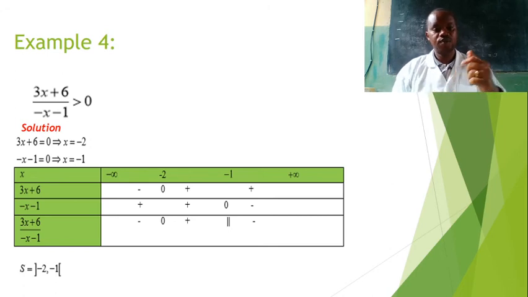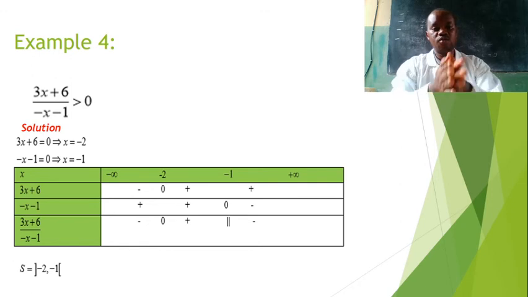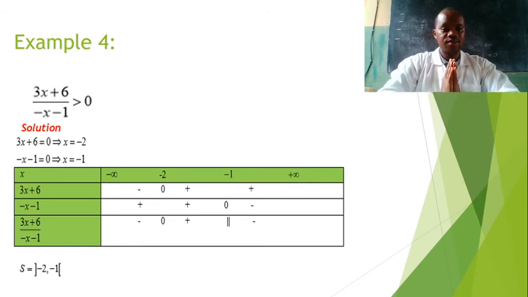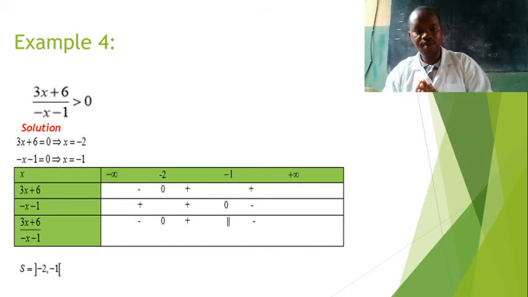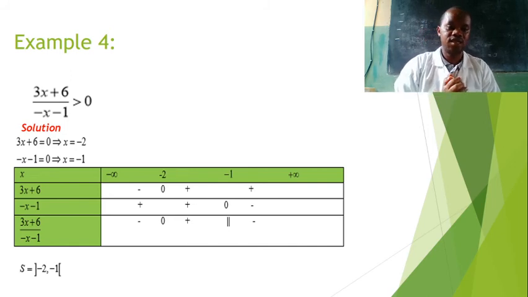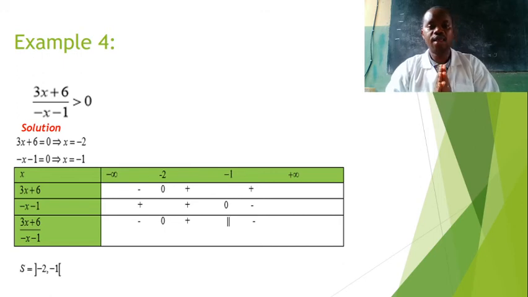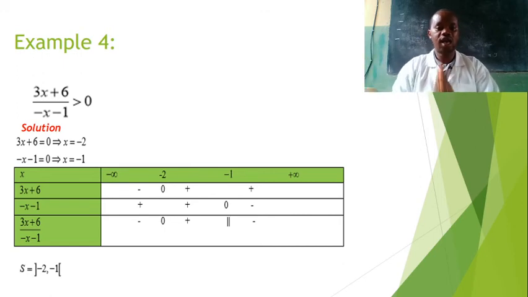Then we do the same as we did on putting the signs, and we will see that 3x plus 6 will have minus between minus infinity up to minus 2. Otherwise, in the other range, it is positive.